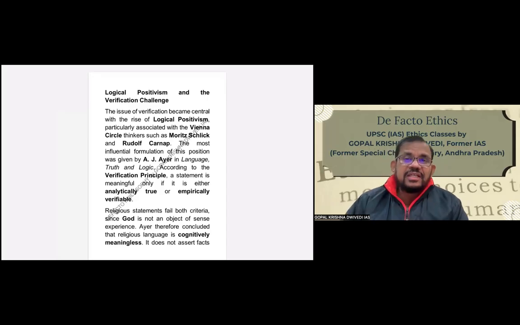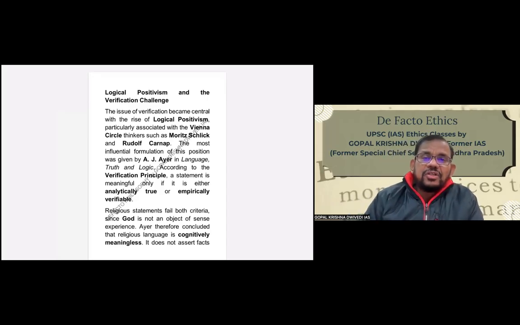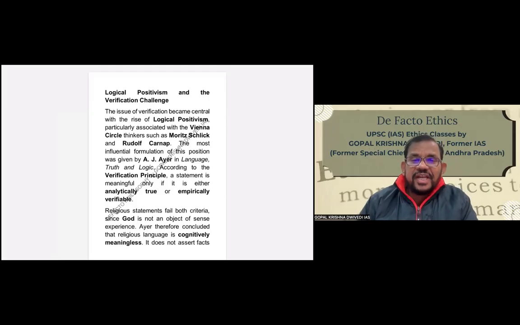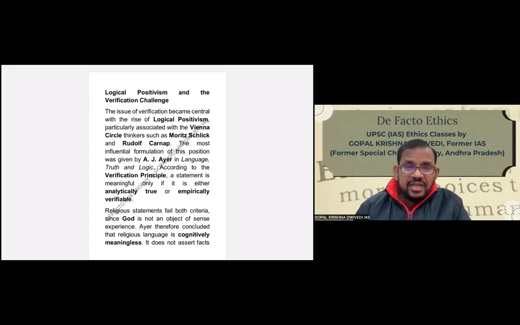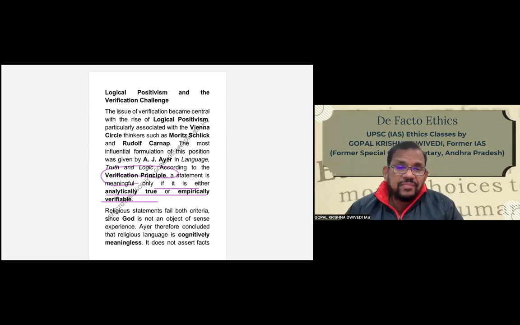What kind of challenge has logical positivism given? Logical positivism has given a verification challenge for religious language. They say, as we have already studied earlier, that a statement is meaningful only if it is either analytically true or empirically verifiable. This is their verification principle.